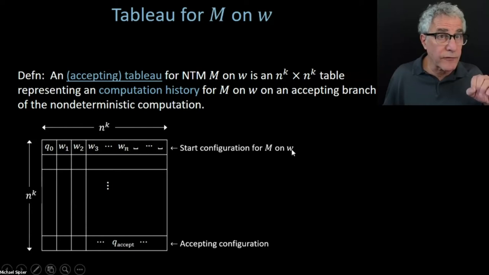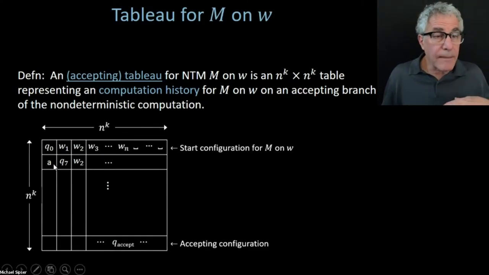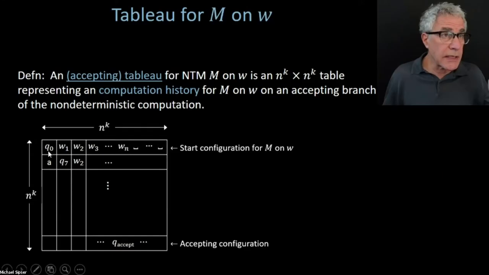Okay, so just a few more elements here. This is going to be the start configuration for M on W. This would be an accepting configuration down at the very last row. And I've filled out some hypothetical first step of the machine after the start. Remember how we encoded our configurations. Here the machine is in state Q0, looking at W1, the first symbol of the input.